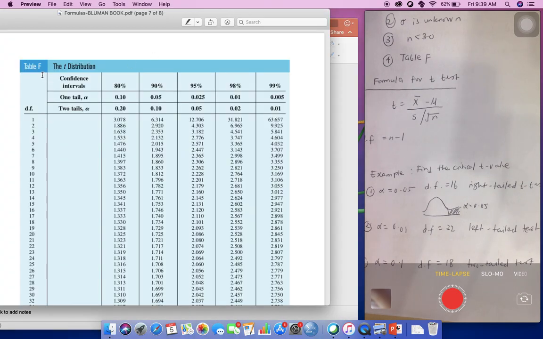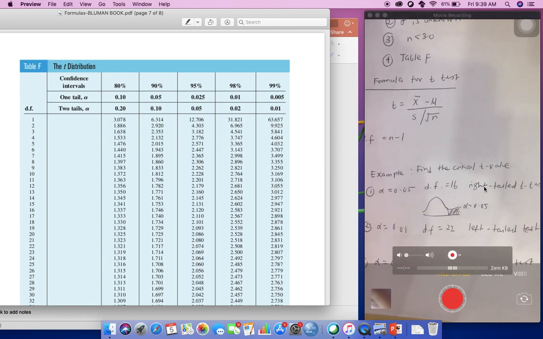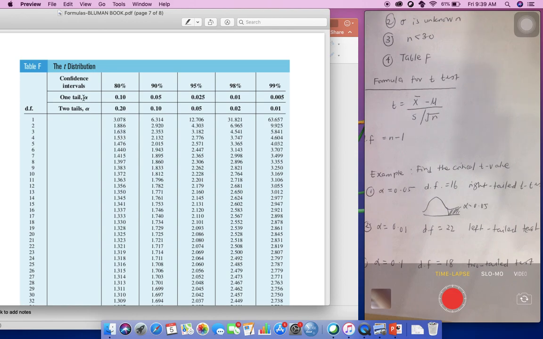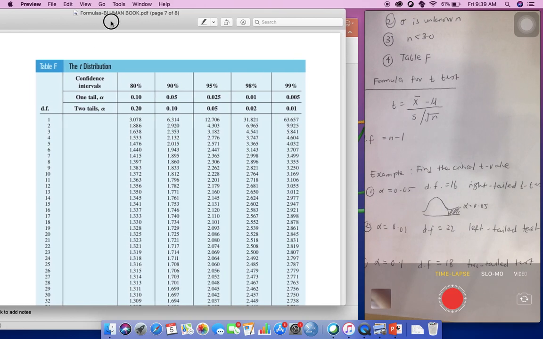Table F already says t distribution. For table F, there are three columns: confidence intervals, one tail, and two tail. You must remember that for the right tail and left tail, we use the one tail column only. For the two tail, we use the third column.